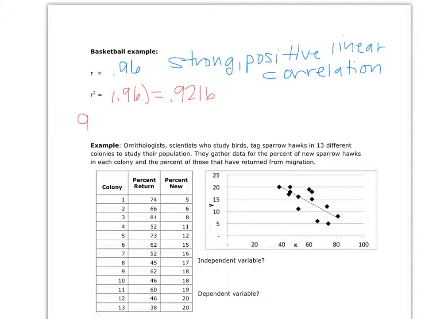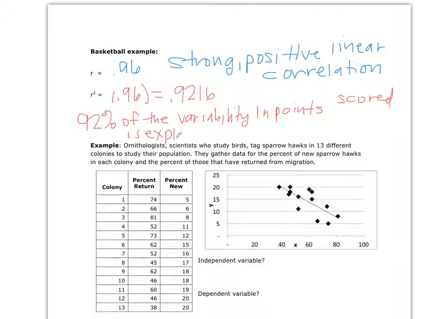So if we write that as a percentage, rounded to 2 places, we can say that 92% of the variability in points scored is explained by the relationship, the correlation, between hours practice and points scored. I'm going to abbreviate a little bit there.